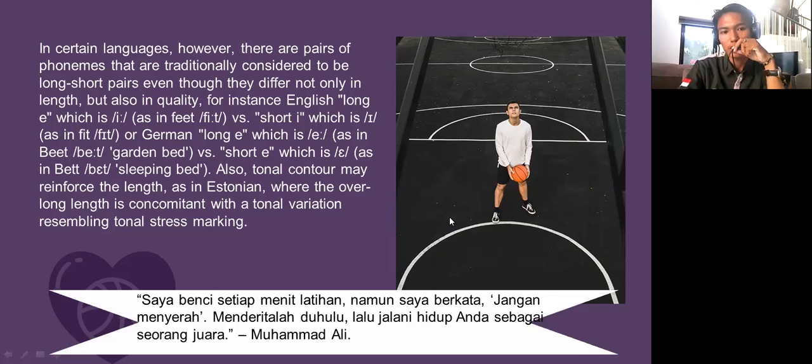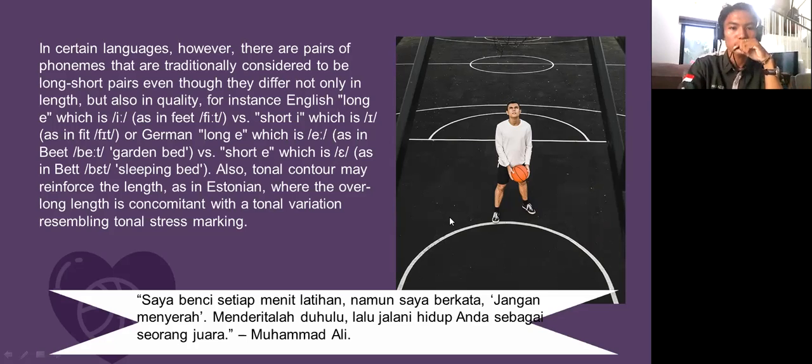For instance, English long E, which is E as in feet. But if you make it short like I, which is I as in fit, it is so different, right? Feet and fit. Another example is German long E, as in beet, and if you make it short, it is bet.